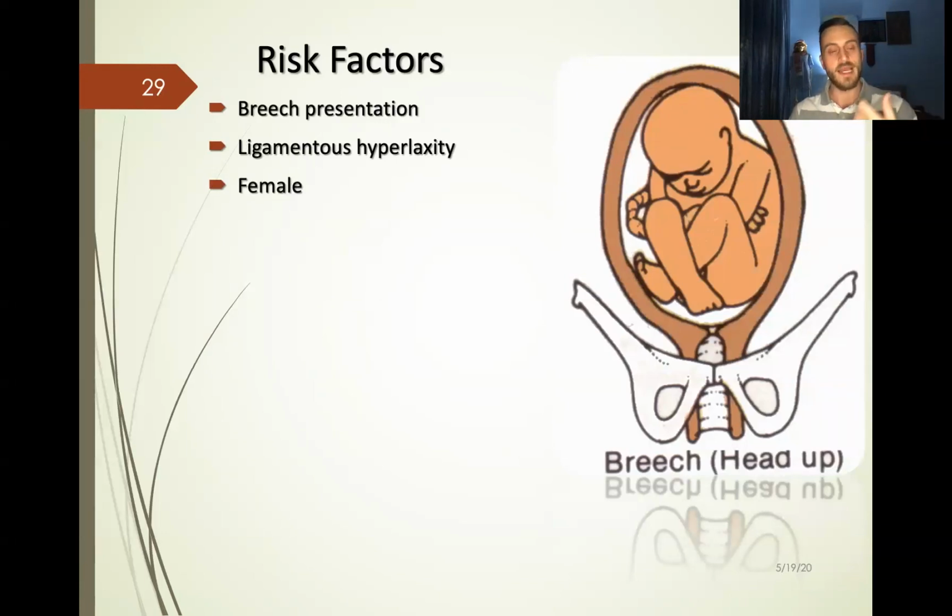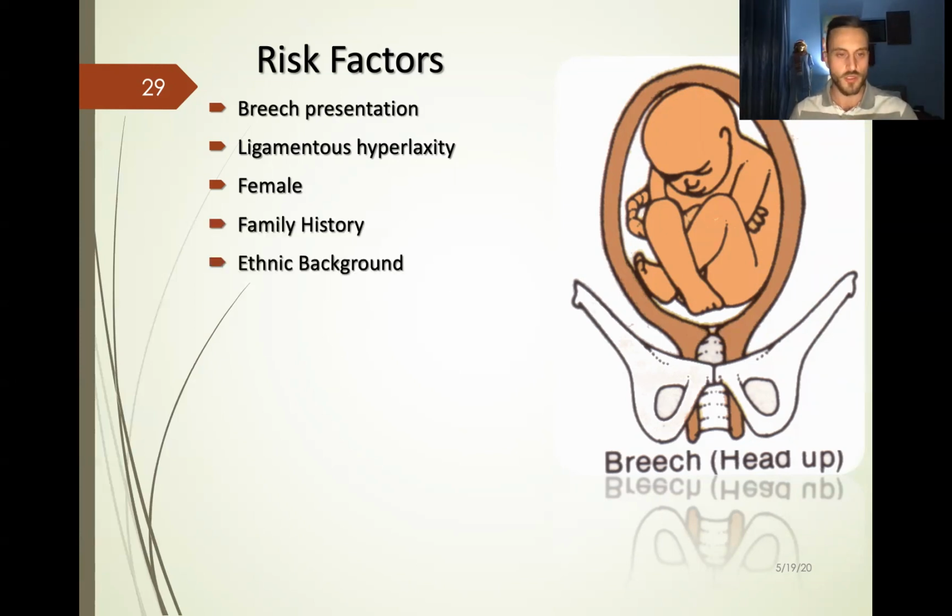Ligamentous hyperlaxity and female sex. The female to male ratio of DDH is 7 to 1. Why? Because in the third trimester, the placenta produces a hormone called relaxin. Relaxin relaxes the ligaments and the pelvic floor muscles, preparing the mother for delivery. What happens to the mother also happens to the female baby because she has the receptors. Males don't have receptors for this hyperlaxity. That's why it's more common in females.